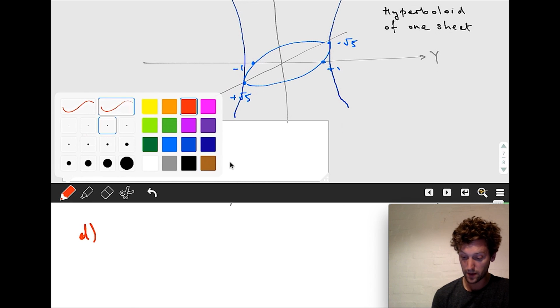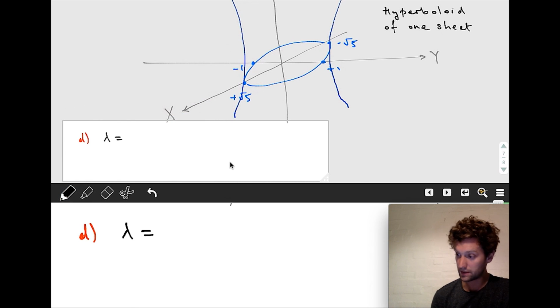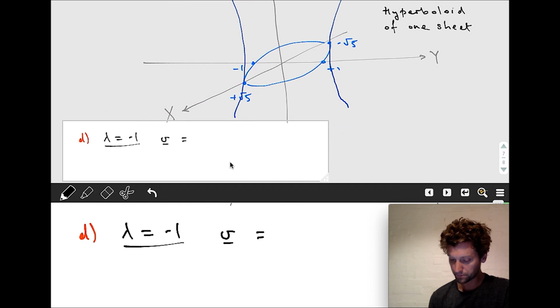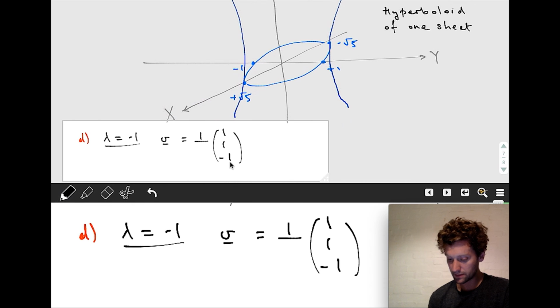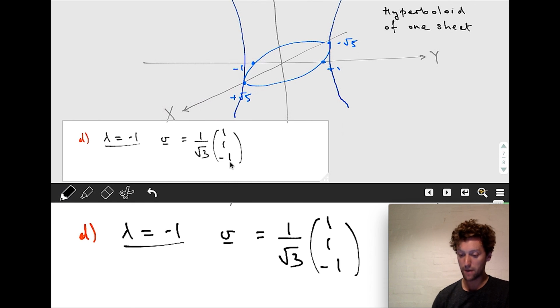So for the eigenvalue lambda equals minus 1, the eigenvector is going to be 1, 1, minus 1, and I will normalize that, that is, make sure that it has unit magnitude, by dividing by the square root of 3.